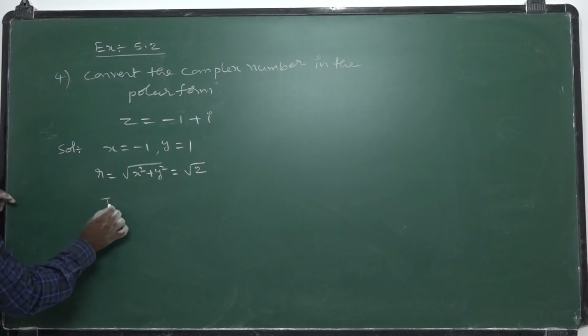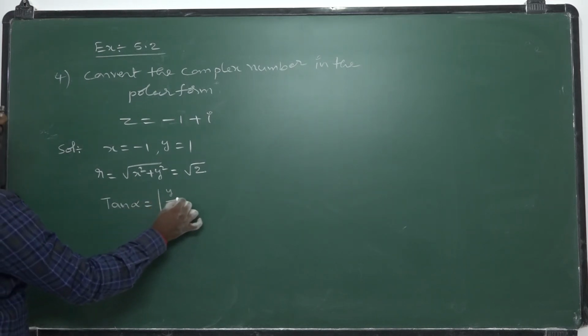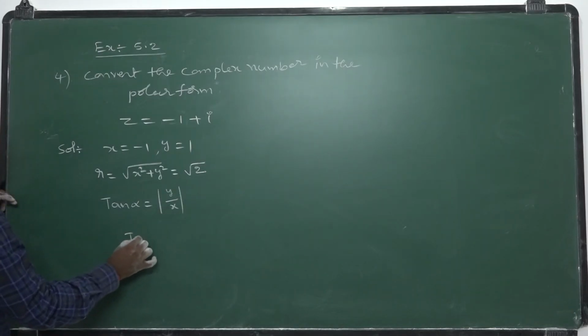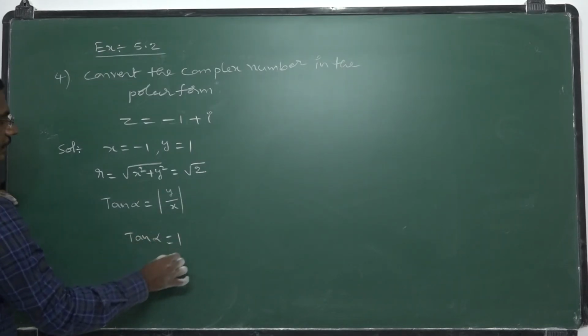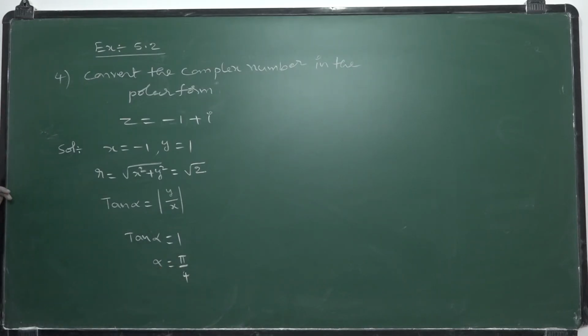Next, we take the equation tan alpha equal to modulus of y by x. Therefore tan alpha is equal to 1. Alpha equal to 45 degrees, pi by 4 radians.